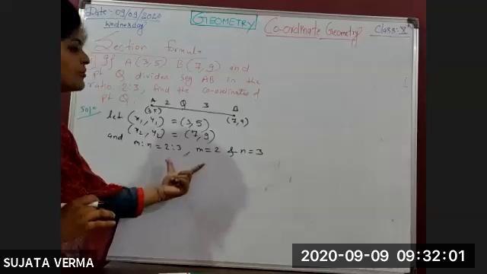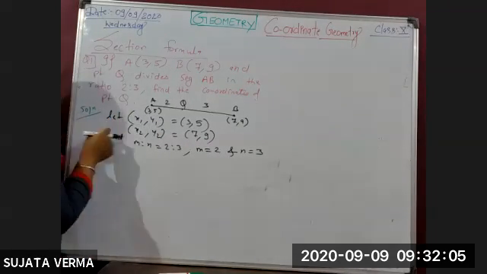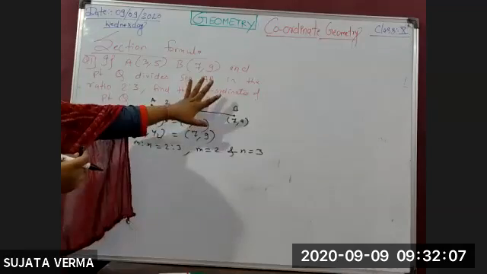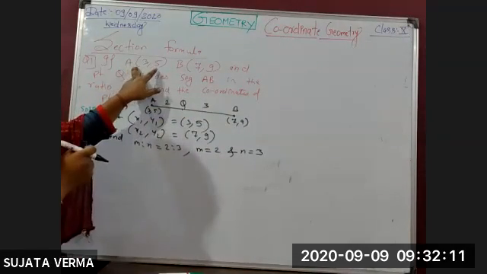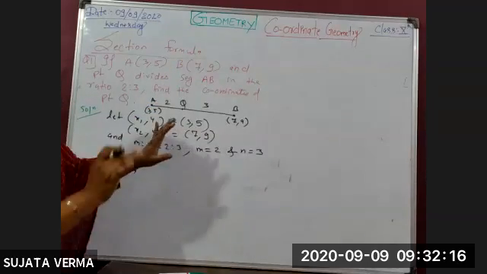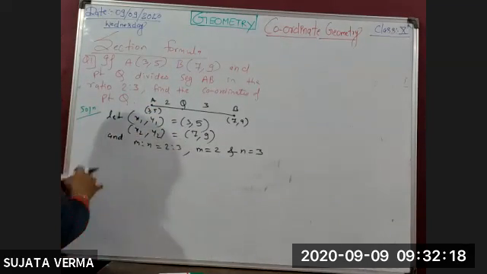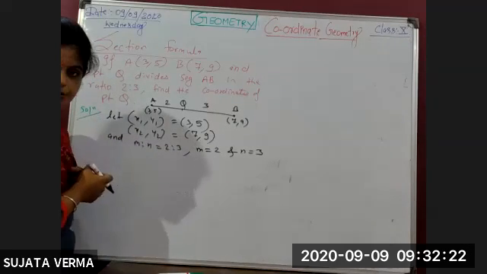Students, this question is very simple. First, we have to write down what is given in the question. In this question, 2 points are given. So we take the first point as x1, y1, the second point as x2, y2. Then we write the ratio m equal to 2 and n equal to 3.